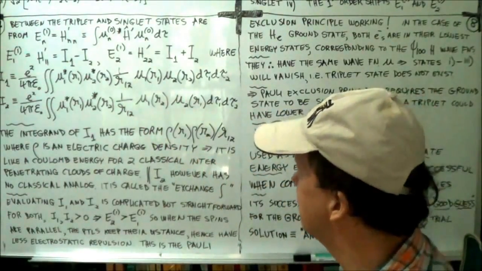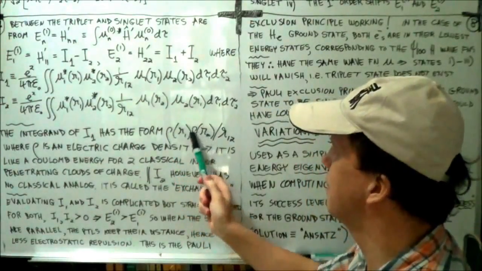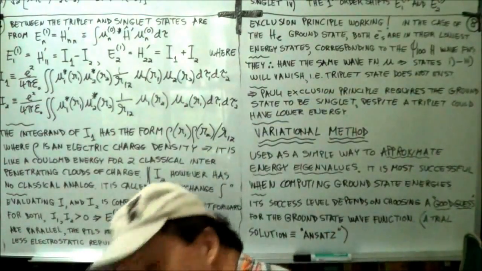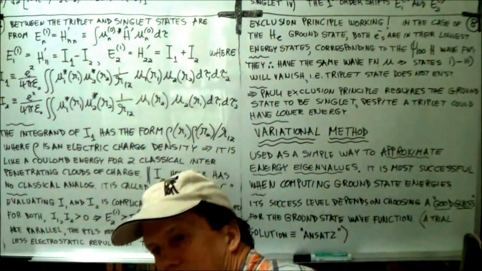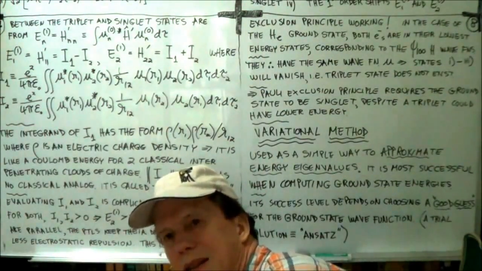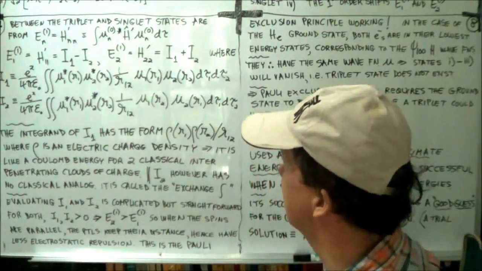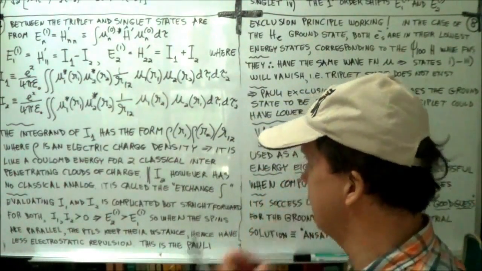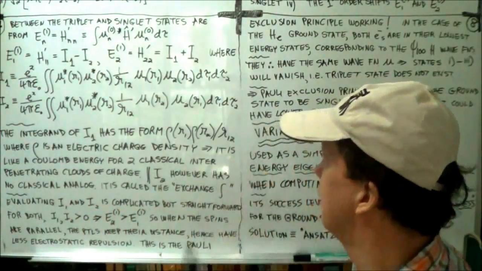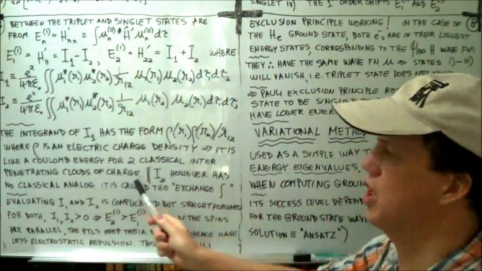So you've got rho of R1, rho of R2 divided by this. Okay? So these are, in a sense, charge densities for the two particles divided by their separation, R1,2. So that intuitively makes sense using classical mechanical reasoning. That seems plausible. Right? It's like a Coulomb energy due to two classical interpenetrating clouds of charge.